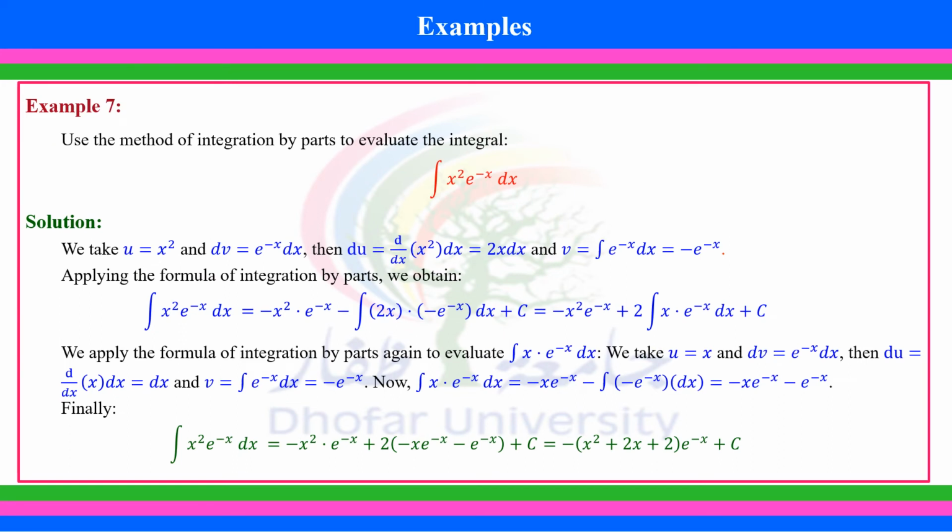Now we look at example 7, where we are going to evaluate the integral of x squared exponential minus x dx. Again, in this integration problem, we must apply the technique of integration by parts twice to find the value of this integration.